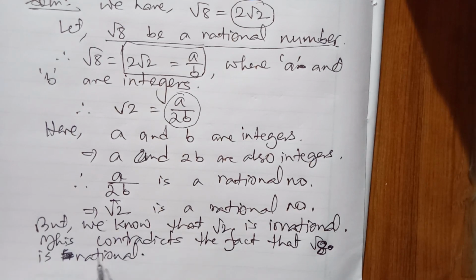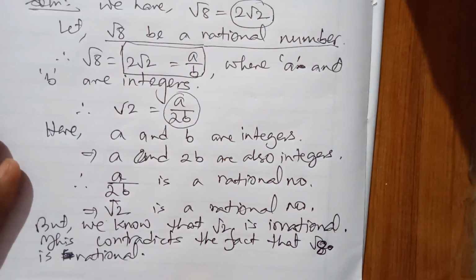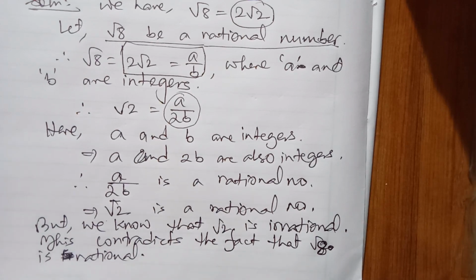So that's why I have written that this contradicts the fact. Whatever we assumed in the beginning, that root 8 is rational, is wrong.